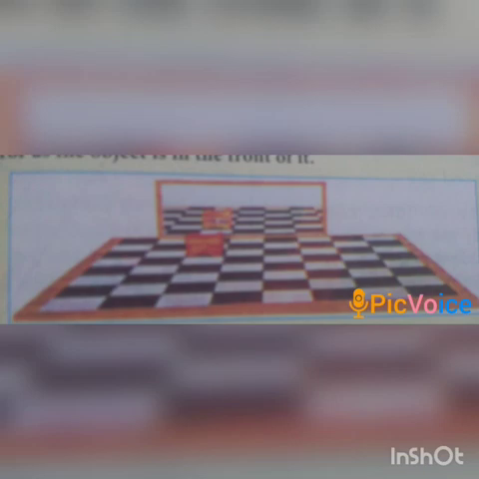Then we discussed the characteristics of an image formed by a plane mirror. The image is always of the same size as the object. The distance between the object and the image is always equal. The image cannot be obtained on the screen and the image formed by a plane mirror shows lateral inversion.